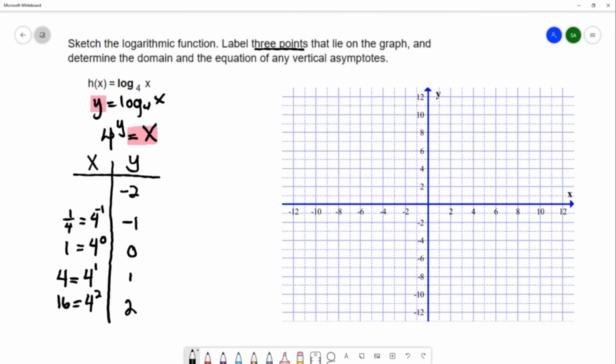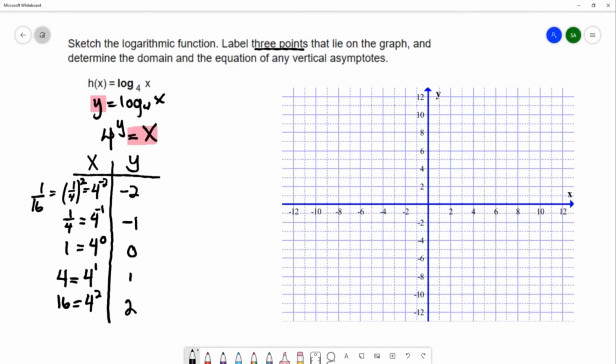And the reason I get 1/4 is because I'll use that negative in the exponent to tell me to find the reciprocal of the base. And 4 to the -2 will be 1/4 squared, which is 1/16.